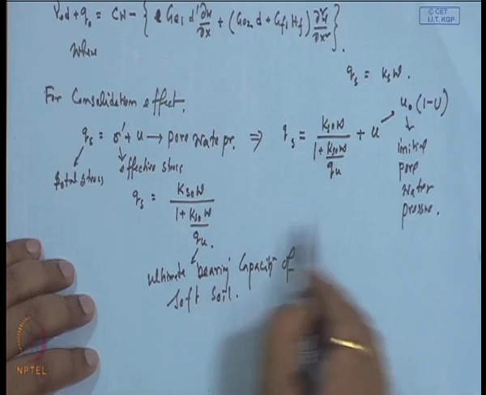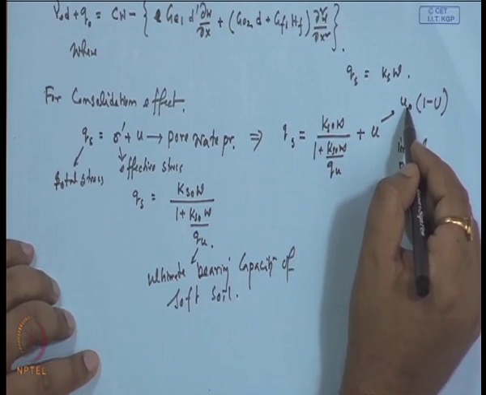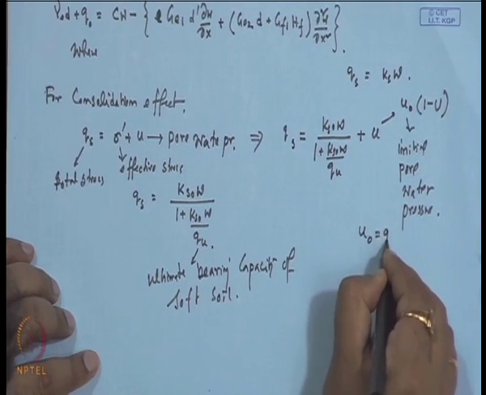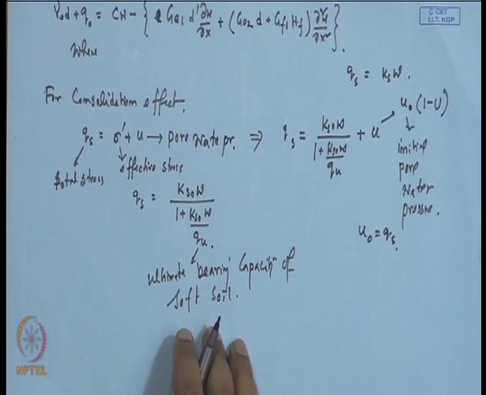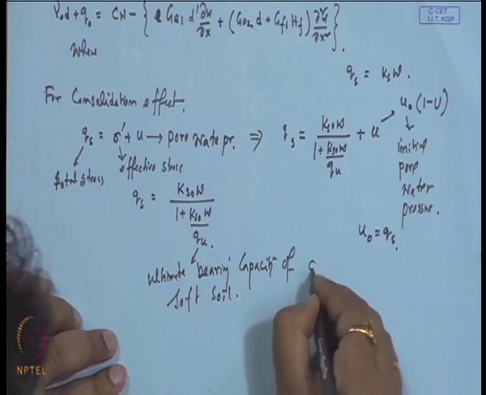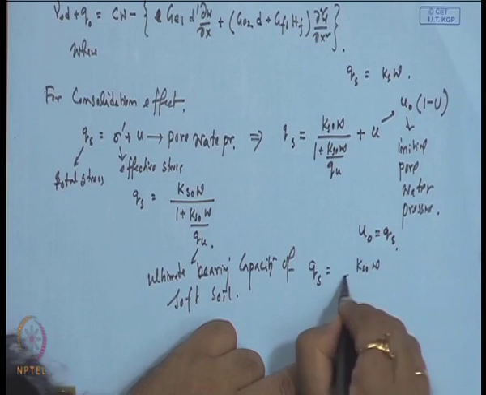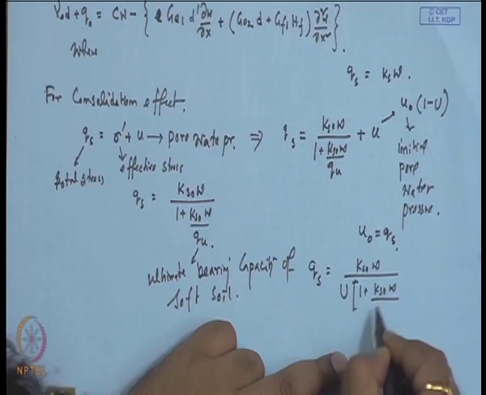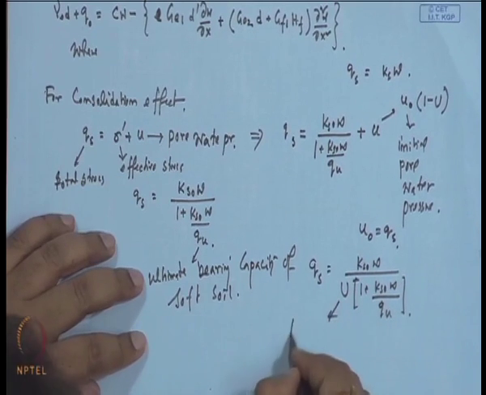So, finally, once we put this expression in this form, the initial pore water pressure q 0 is also equal to q s. Once we get this expression, the final expression of q s will be k s 0 w u 1 by k s 0 w by q u, where u is the degree of consolidation.